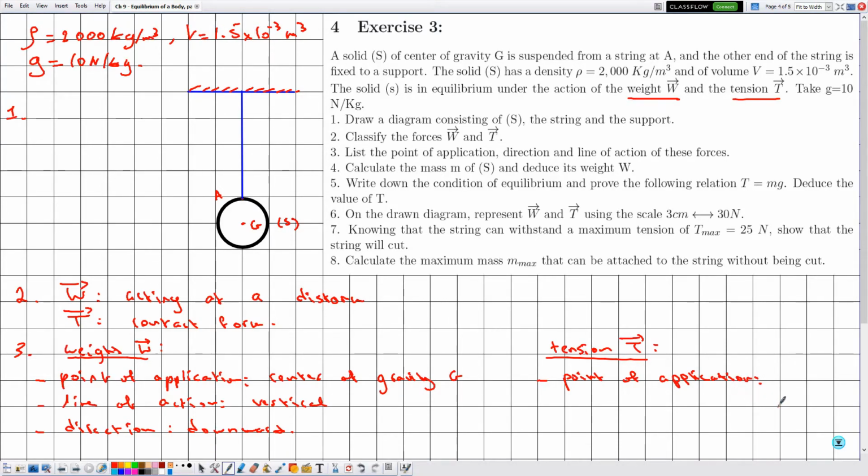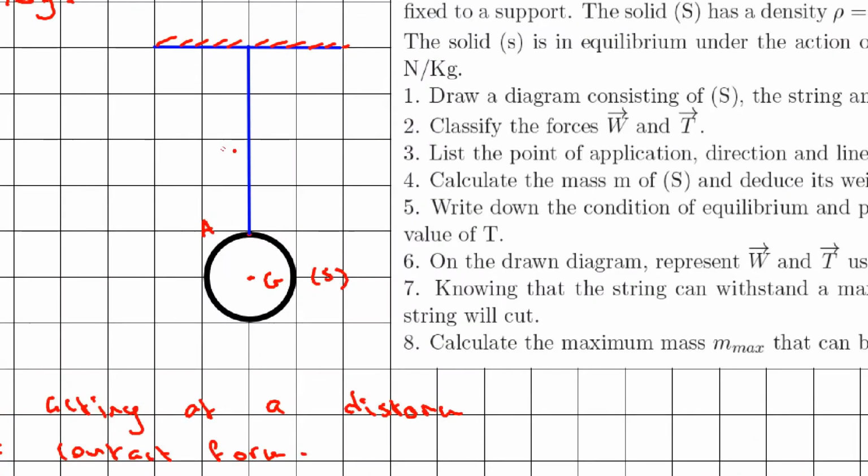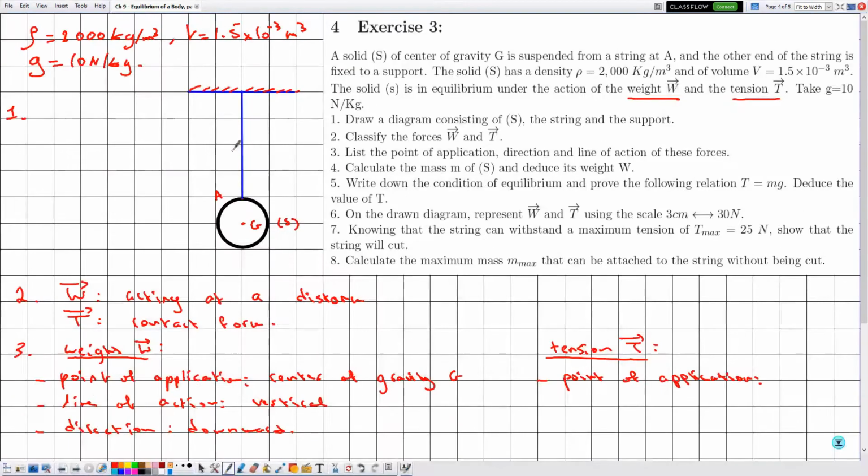So as for the point of application of the tension, because the tension is a contact force, then the point of application will be the point of contact between 2 bodies, which is the string and the solid S. In this case, it is the point of contact A. Now what about the line of action of the tension and the direction?